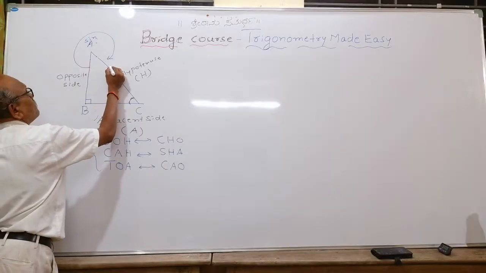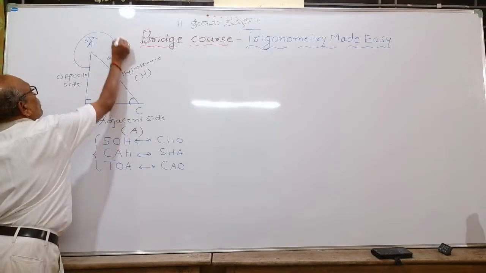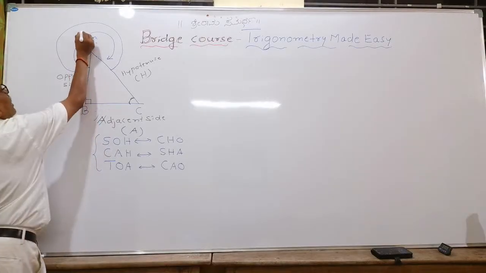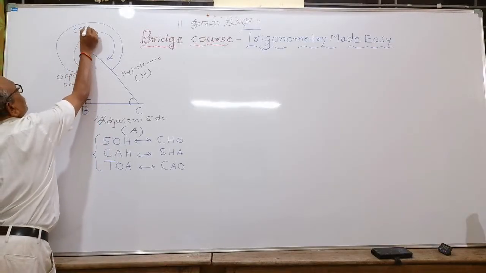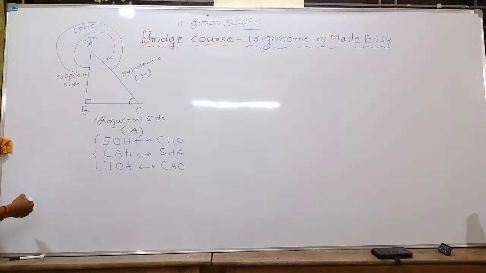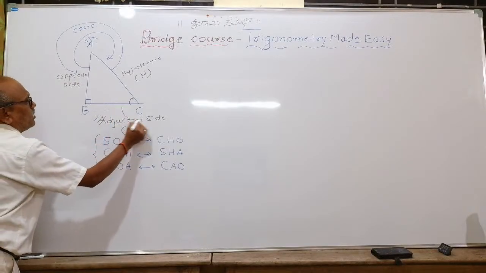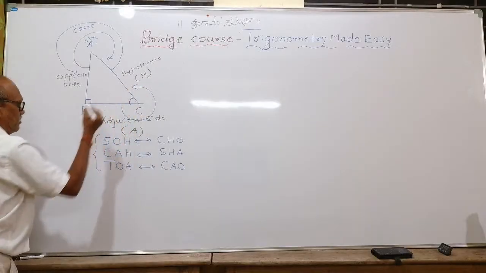And cosec becomes what? Reciprocal. Hypotenuse upon opposite, see the arrow mark. This becomes cosec C, the reciprocal of sine C. And what is cos? Cos is adjacent upon hypotenuse. I will show it with the arrow mark here.